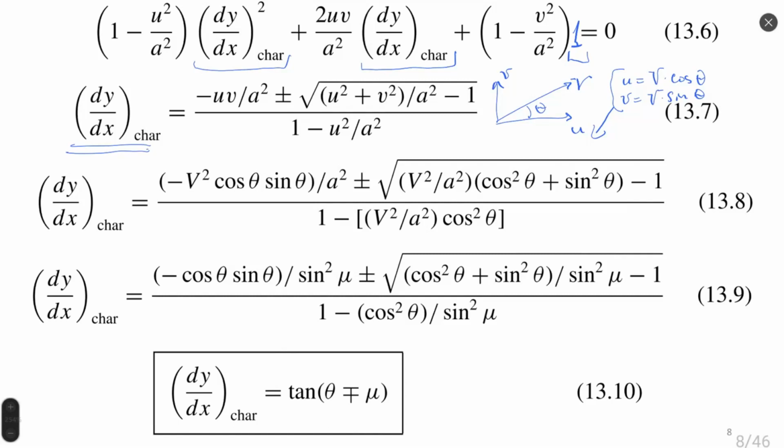Then, knowing that there is a relation between Mach number and speed of sound, before we had this formula in the previous chapter: the arc sine of the Mach angle was the ratio 1 divided by M, right? 1 divided by M. And we apply this formula in equation 8, we obtain equation 9.